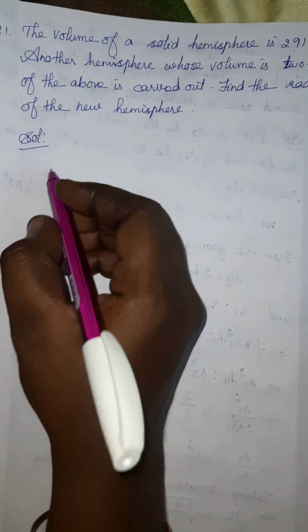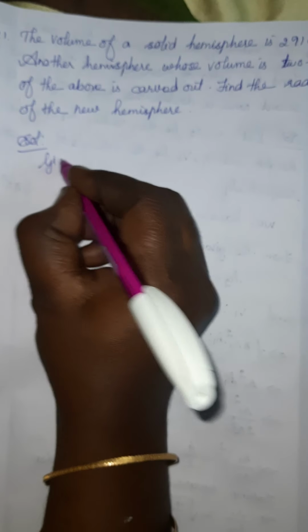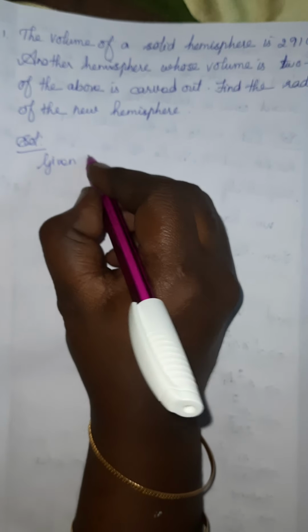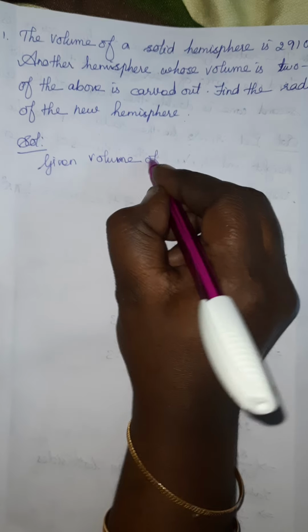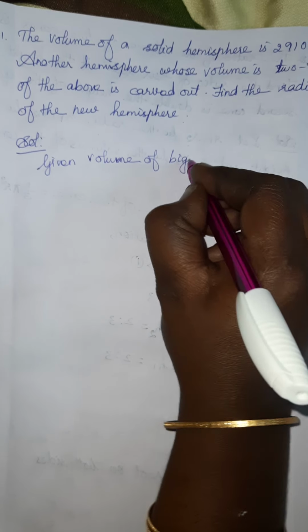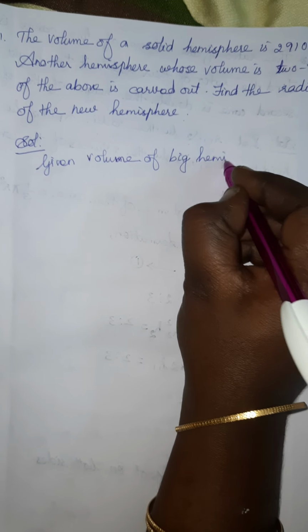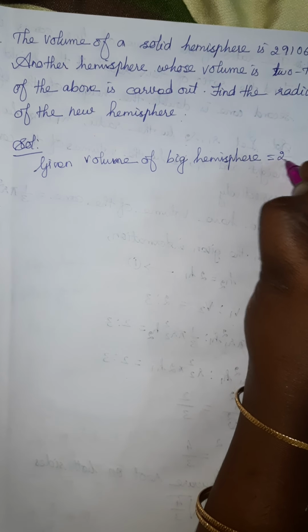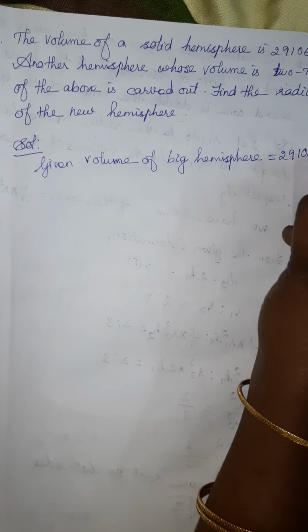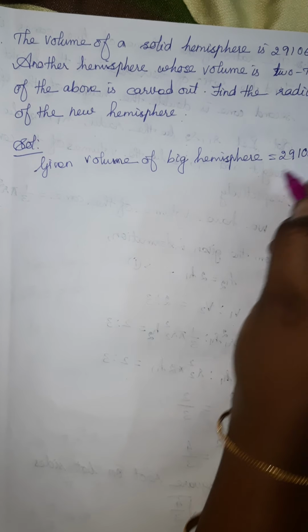Okay, so write first, given: volume of big hemisphere is equal to 29,106 centimeter cube.